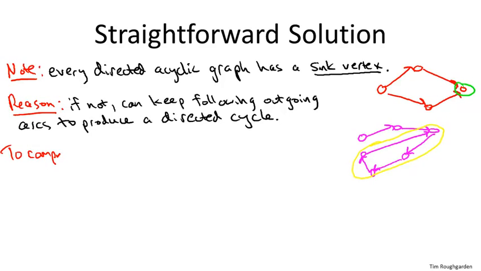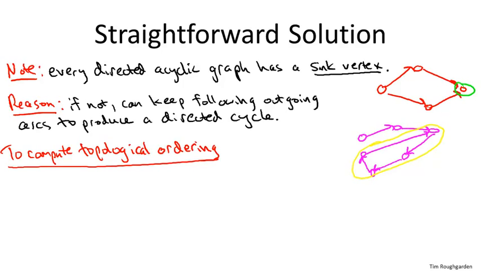Now, any vertex which has an outgoing arc, we better put somewhere other than in the final position. The node that we put in the final position, all of its outgoing arcs are going to wind up going backward in the topological ordering. There's nowhere else they can go. This vertex is last. So in other words, if we plan to successfully compute a topological ordering, the only candidate vertices for that final position in the ordering are the sink vertices. That's all that's going to work. We put a non-sink vertex there, we're toast. It's not going to happen.